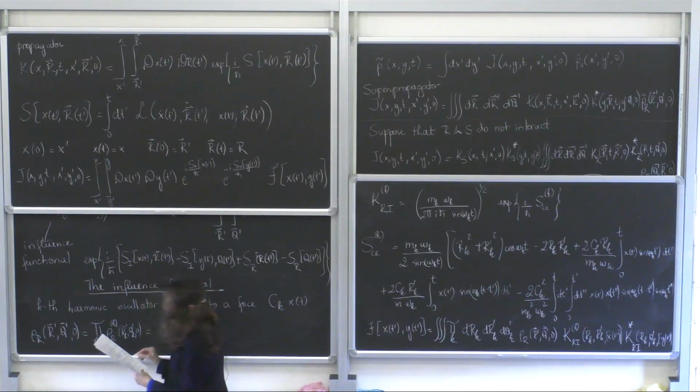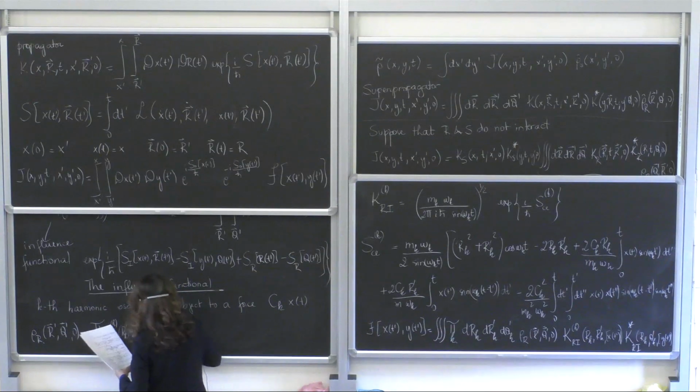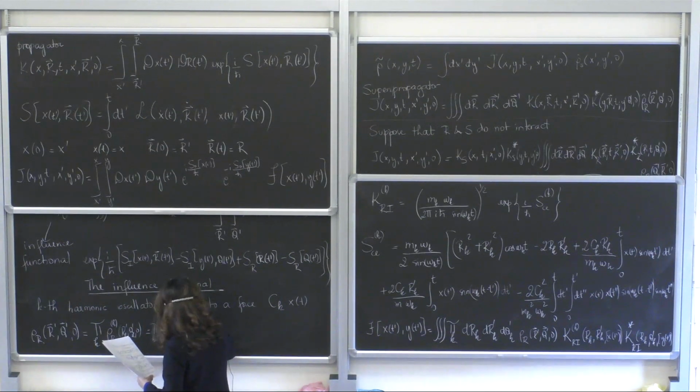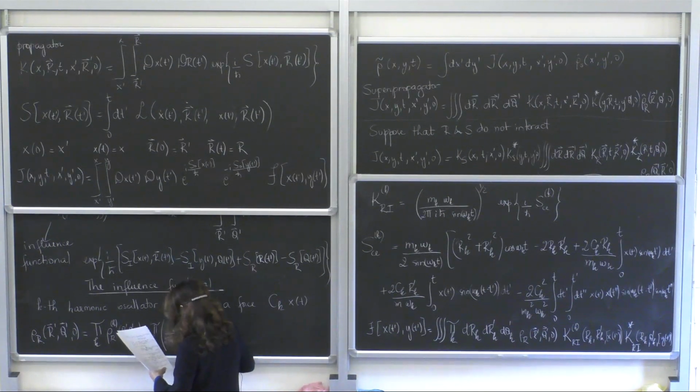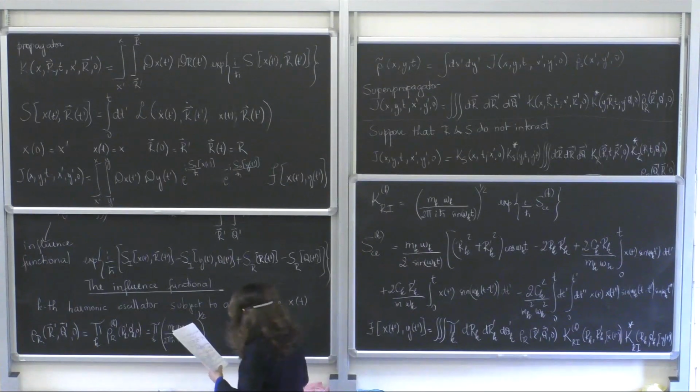And I think in the script there is one mistake here. There is a square root missing. It's the product in k of m_k omega_k divided by 2 pi h bar sinh of h bar omega_k over k_B T, all this to the power 1/2. I think this power 1/2 is missing in the script.